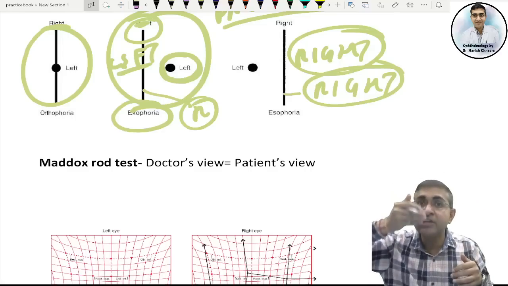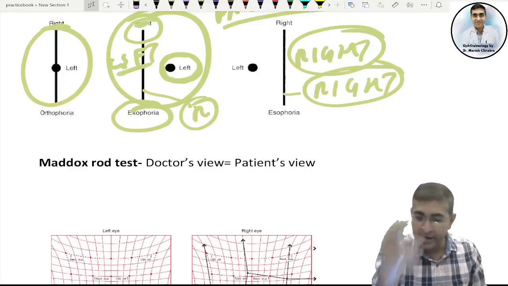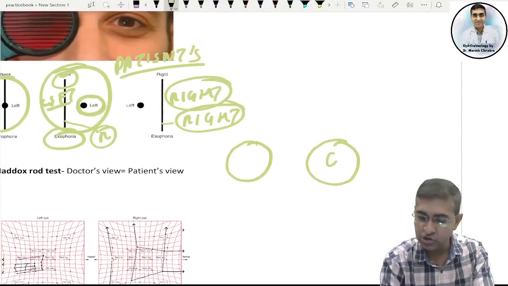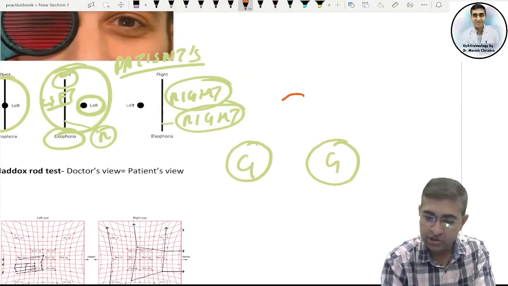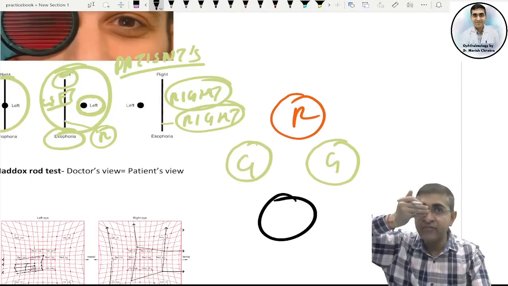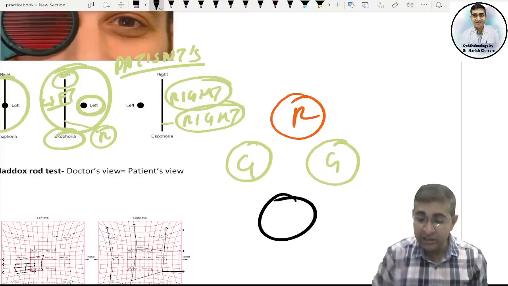The red filter is going to convert the white dot into a red dot. I'm going to explain. Wait, so these are 2 green dots, and there is 1 red dot, and then there is 1 white dot, and the right eye is made to wear a red filter, the left eye is made to wear a green filter.